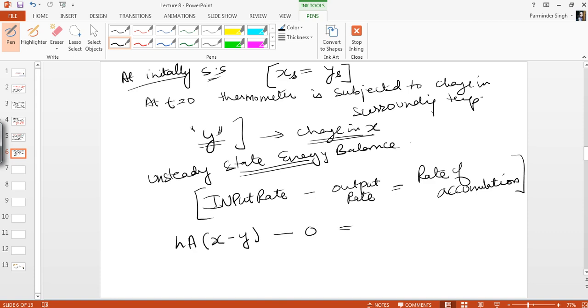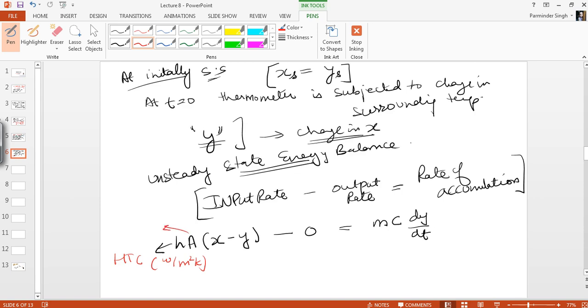Now the rate of accumulation, how much heat has been stored in the mercury, that will be mCp delta T, that is mC dY/dt. Here H is the heat transfer coefficient, units watt per meter square per Kelvin.